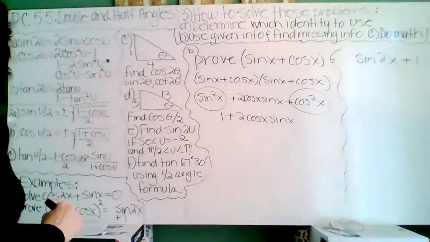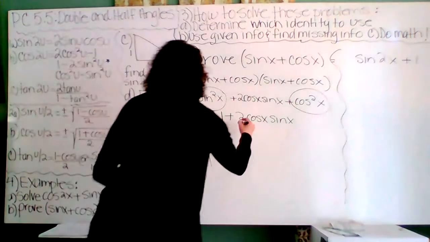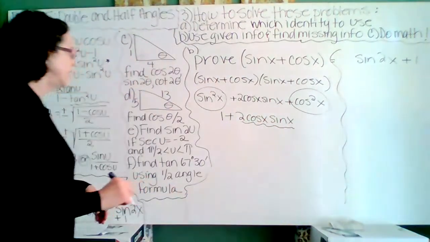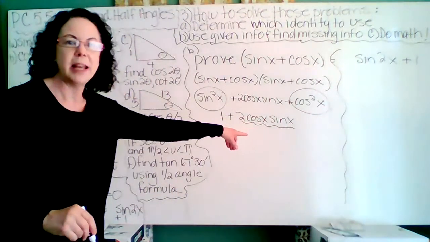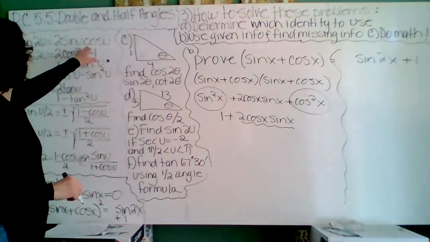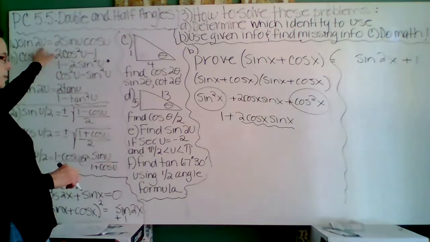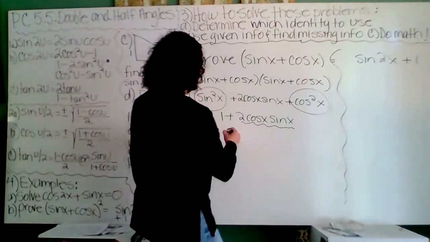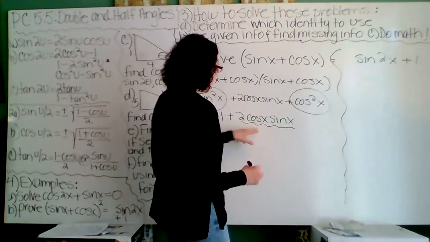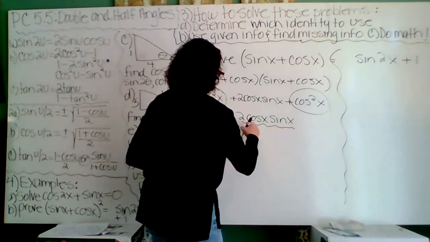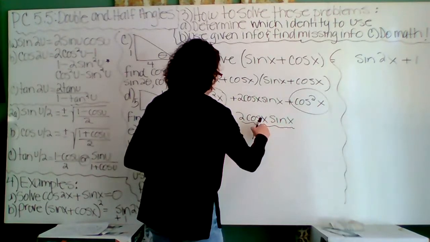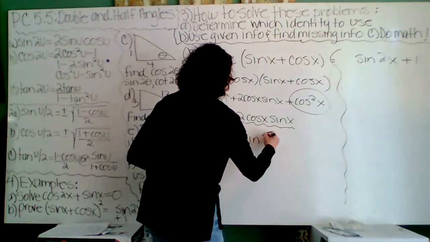Okay. Now let's take a look. Notice that 2 cosine of x sine of x looks familiar to me. And when I come on up here, I see, look at that, it's sine of 2u, right? It's sine of a double angle. So I am going to keep my 1, and then I'm going to have 2 sine of x cosine x is sine of a double angle.